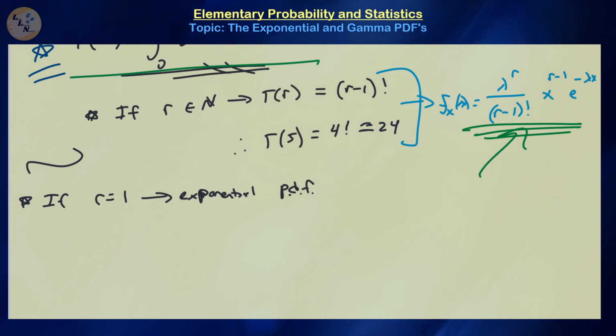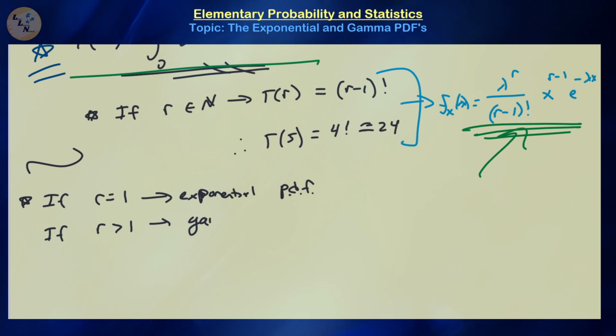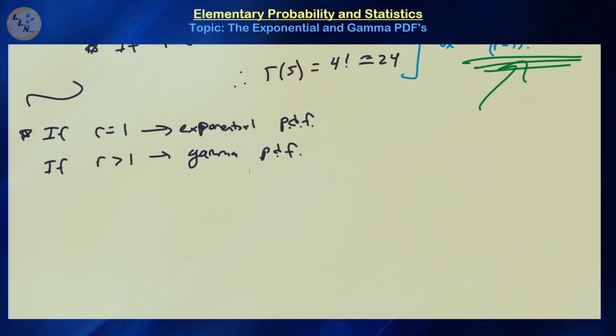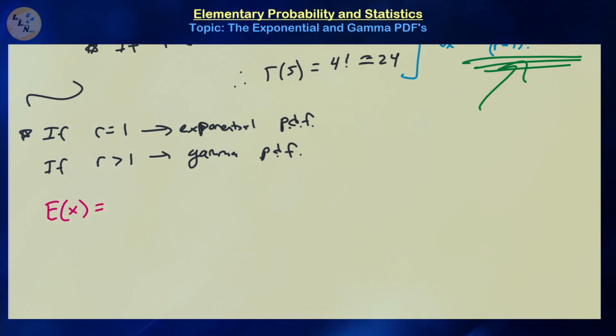But if r is greater than 1, then you should be using the gamma probability density function. Since this is a random variable, it has an expected value and a variance formula. The expected value of a gamma random variable is r divided by lambda, and the variance of a gamma random variable is r over lambda squared.